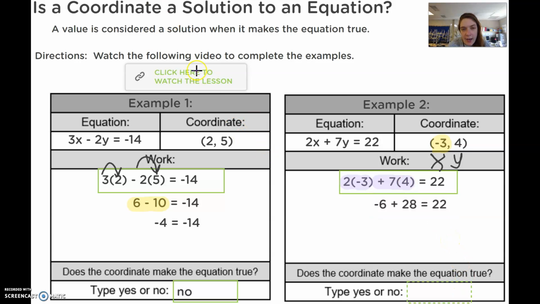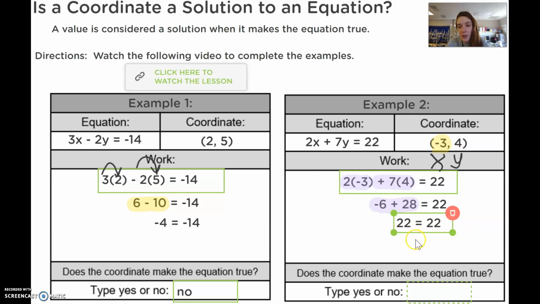There is no variable to solve for, so I don't need to add 6 to both sides. I don't need to subtract 28. I'm just going to put together negative 6 and positive 28. Negative 6 plus 28 I can put in the calculator. There's no variables, so there's no problem. Let's see what we get. Negative 6 plus 28, when I put it in the calculator or when I do it in my head, I end up with 22.